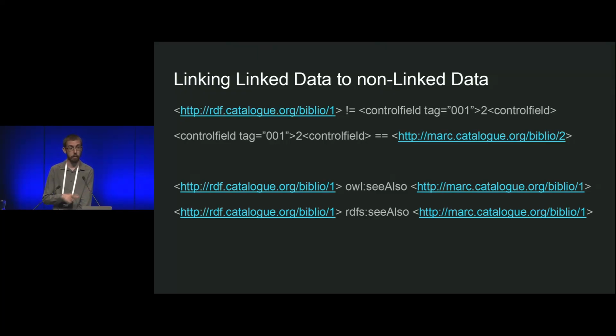Those two should map. And this idea came to me after I was looking at records at the BNF and Libris, because they used triples, like you can see at the bottom of that screen there, using the OWL sameAs or RDFS seeAlso predicates. They were linking their RDF catalog with a non-RDF catalog.